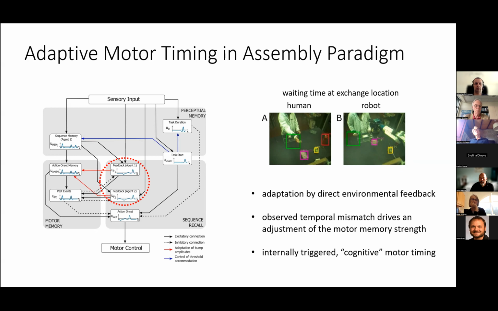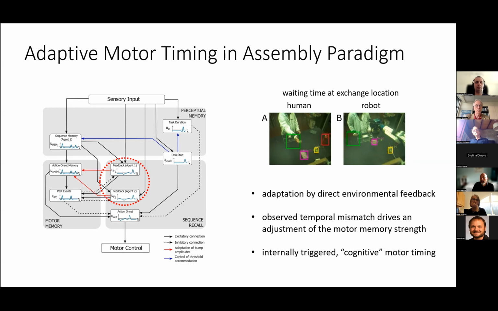So we have here feedback layers. Feedback means activity here when the hands reach the exchange position, there is a bump activation going on. And if there is a temporal difference or mismatch between the evolution in the two feedback layers for agent 1 and agent 2, there's an adaptation of the memory strength in the action onset memory.